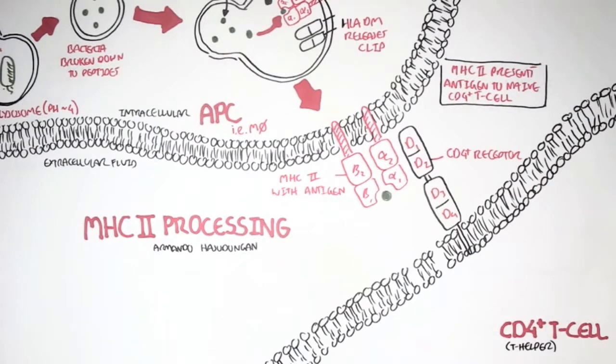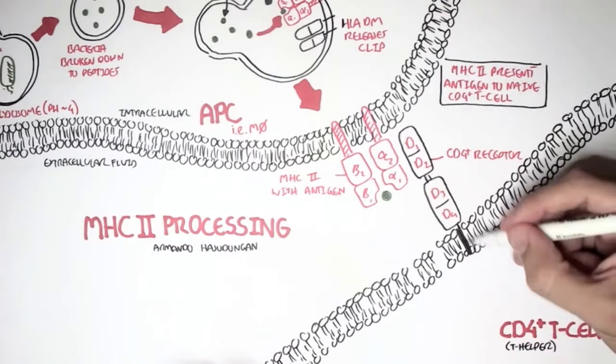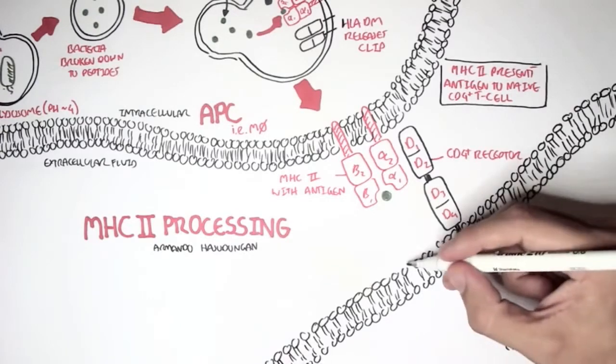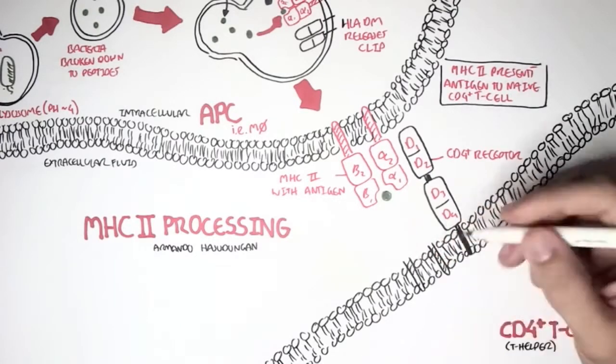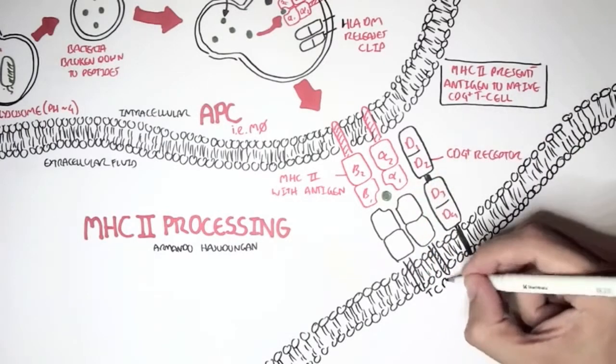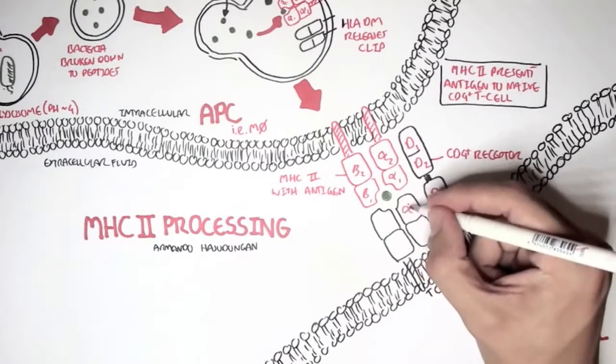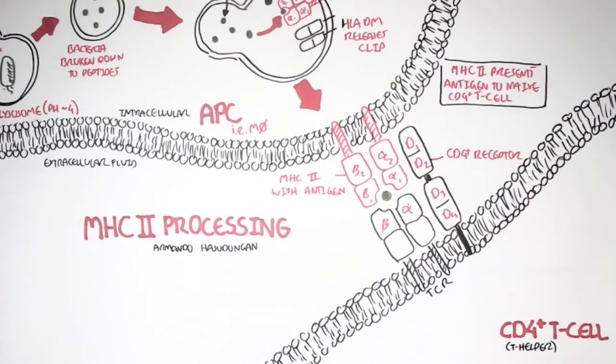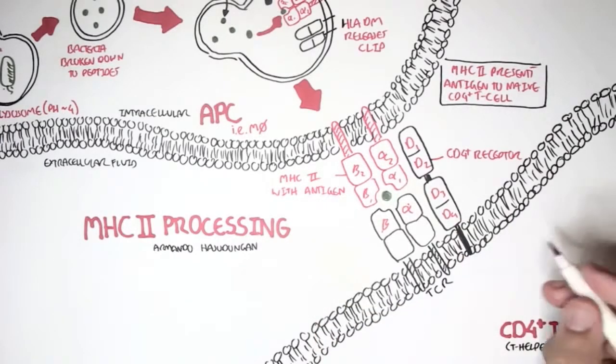Now, the CD4 receptor is made up of segments D1, D2, D3, and D4. It will bind onto the alpha portion of the MHC class 2. If that's okay, the T cell receptor, TCR, will then check the antigen. The T cell receptor's binding groove also only fits specific antigens. So let's just say in this case, the TCR can fit this antigen being presented by the MHC class 2.